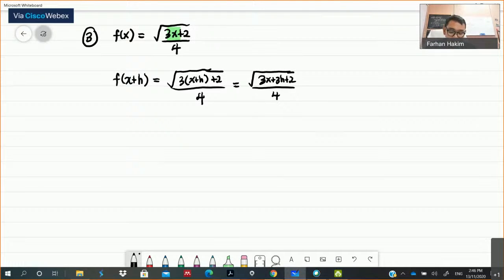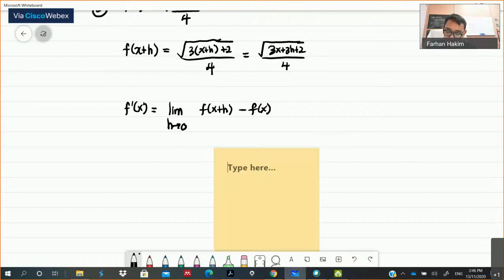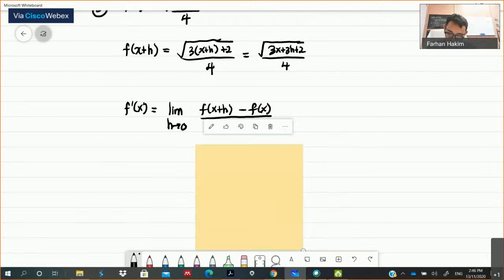To find f prime of x using the definition, firstly we'll write the definition. You have to memorize this definition: the limit as h approaches 0 of f(x plus h) minus f(x), over h.